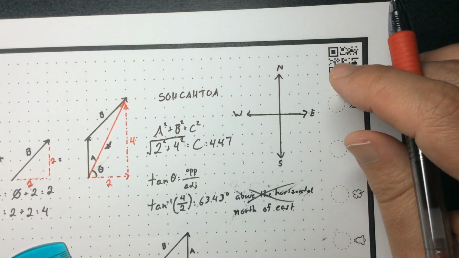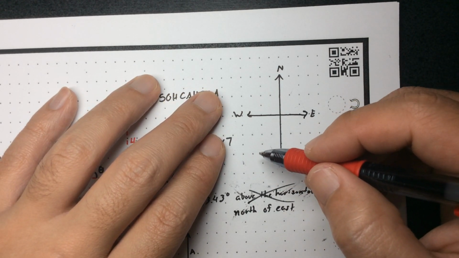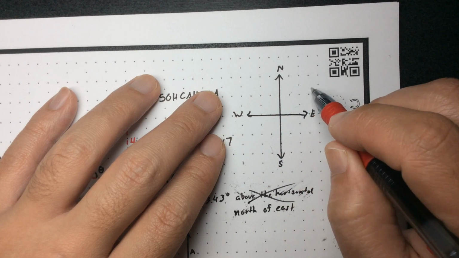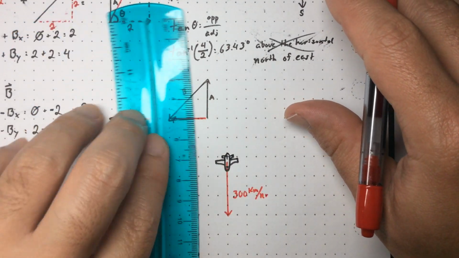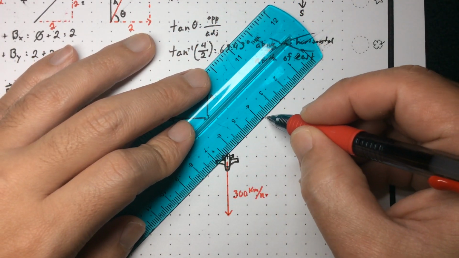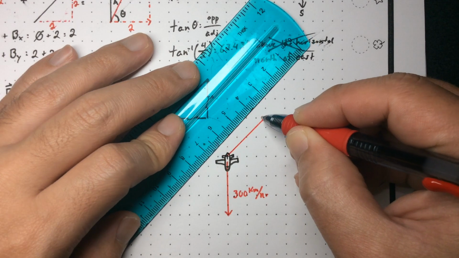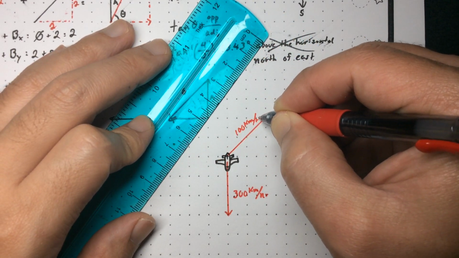So if we look at our compass, the wind is coming from the southwest. So it's coming from over here, and it just says southwest, so it's going up to the northeast. So really this wind is trying to push this plane, and it's a velocity vector that goes 45 degrees in this direction. And let's say this wind is like 100 kilometer an hour wind.